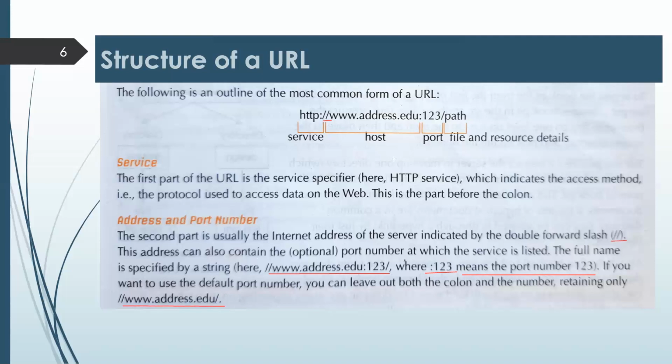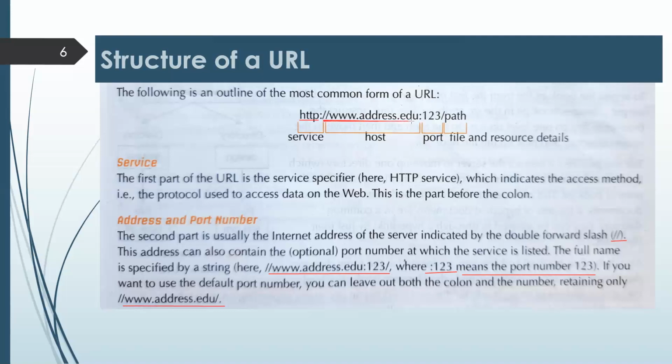In the address and port, here it is separated by a double slash from the part before the colon. Here this is called the service, and from the double slash onwards it is an address, which can be optional.